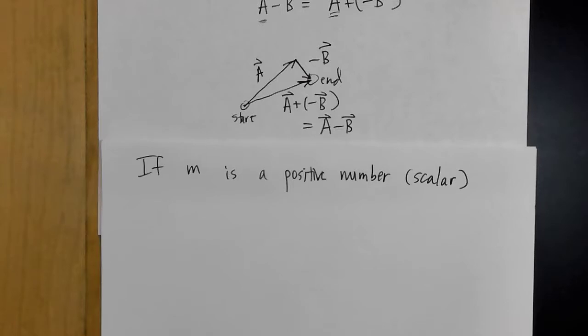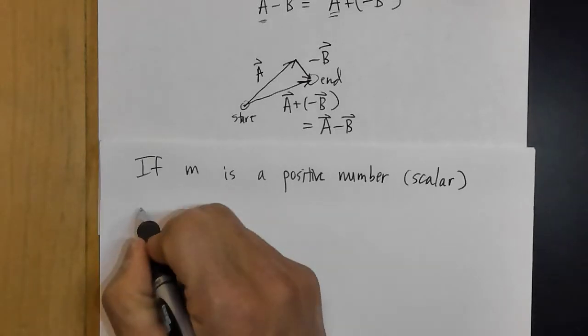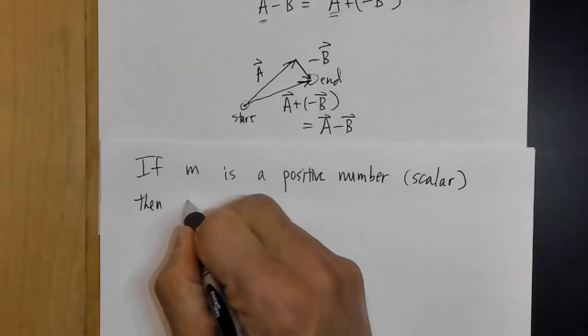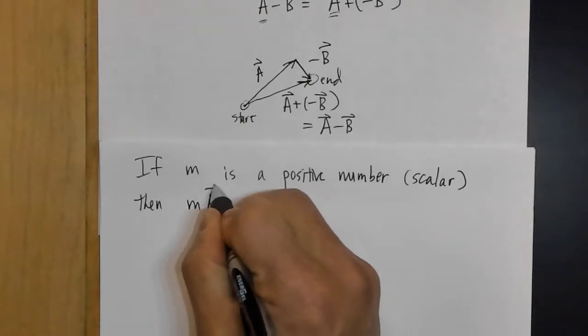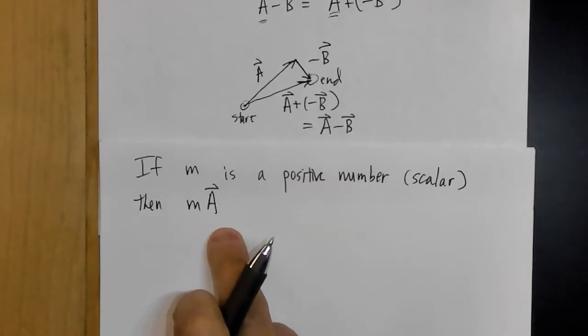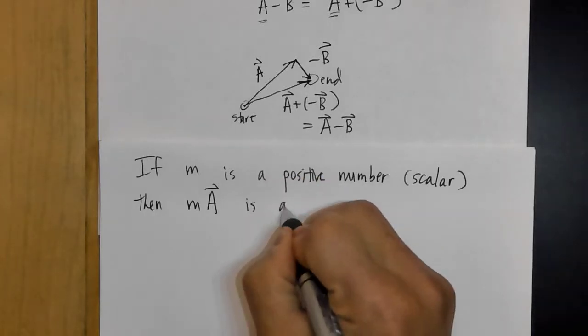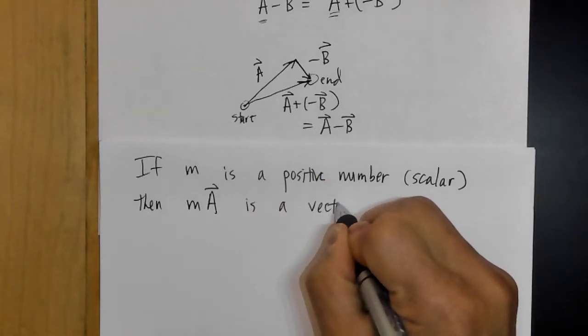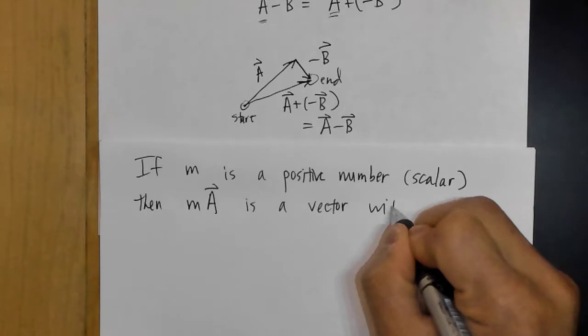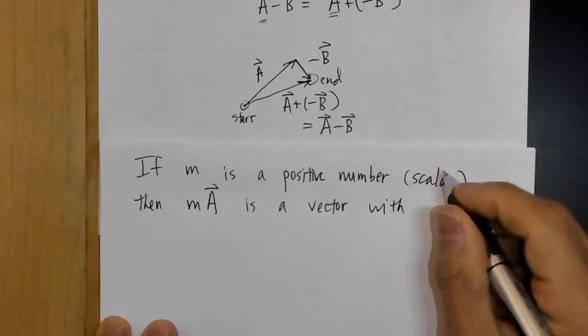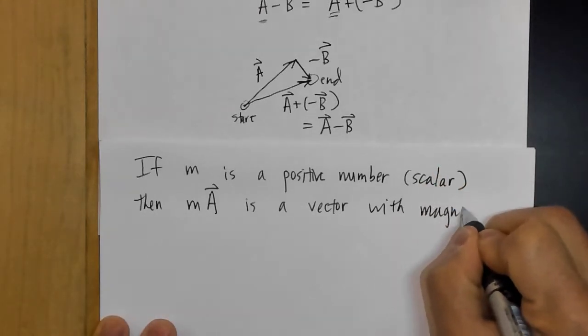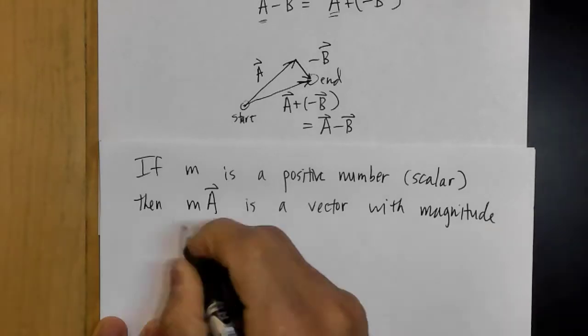If m is a positive number, or it's what we call a scalar, then m times A, multiplying m times A, is a vector with magnitude. So remember, that's how long the vector is.